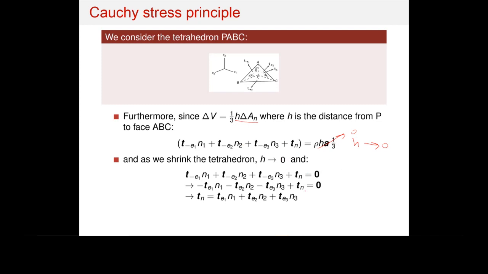And if you just rearrange, you get this equation here. So this is the first equation. Remember, we are trying to prove that the stress tensor multiplied with n is basically a linear transformation for this n. All right, so this is the first equation we have.